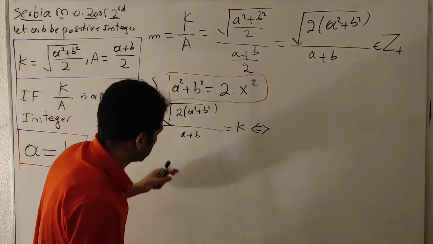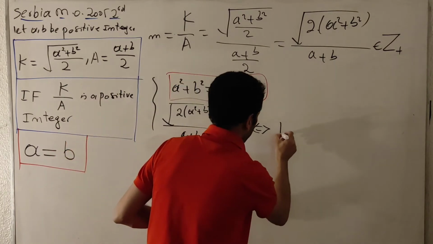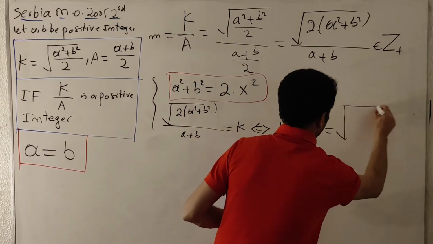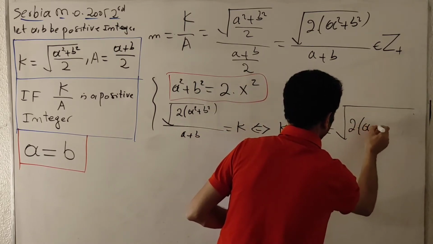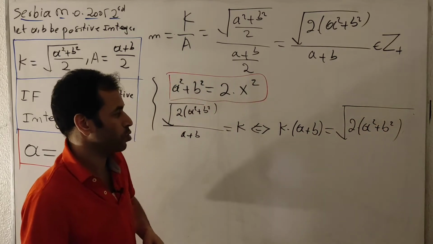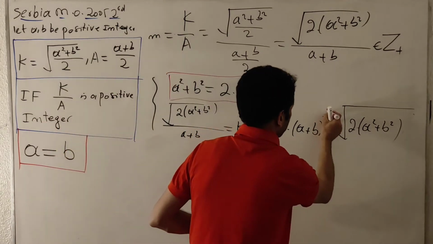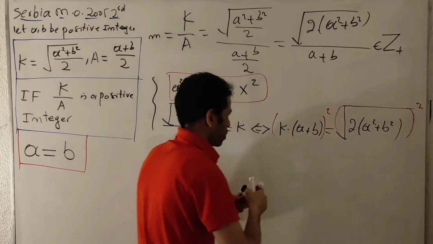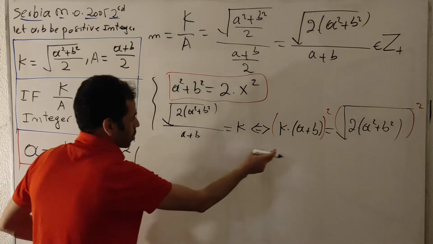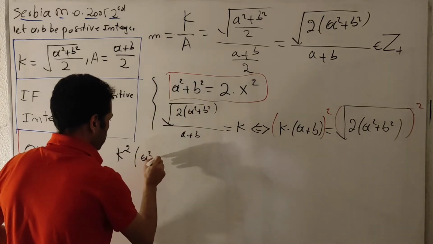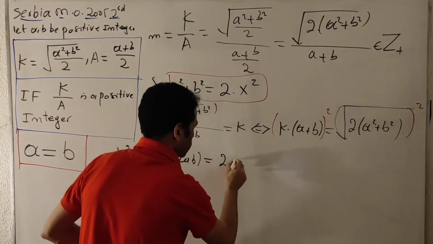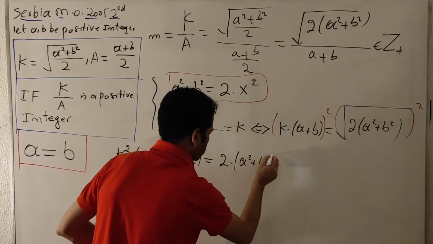Okay, by multiplying side by side, I will get k multiplied by (a plus b) equals the square root of 2 times (a square plus b square). Then by raising to the power 2 on both sides, I'm going to factor this one out. I will get k square times (a square plus b square plus 2ab) on the left, and this one becomes 2 times (a square plus b square).